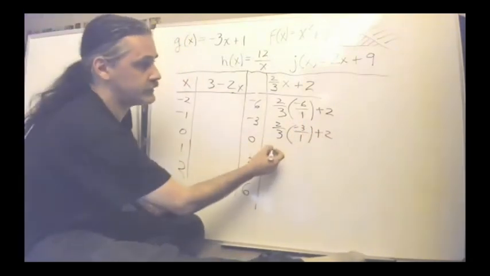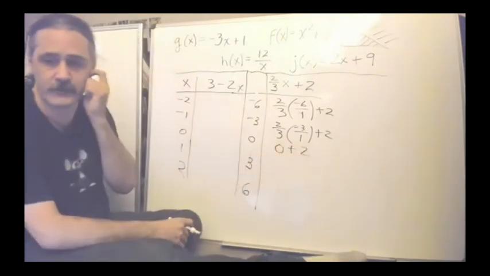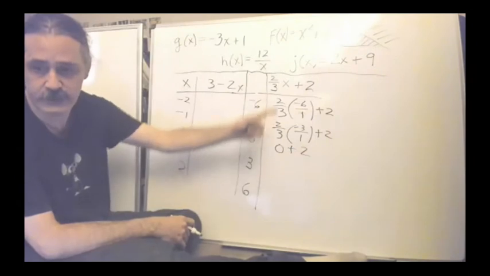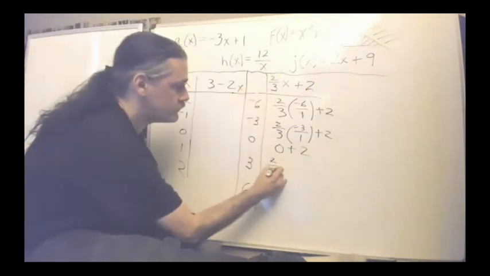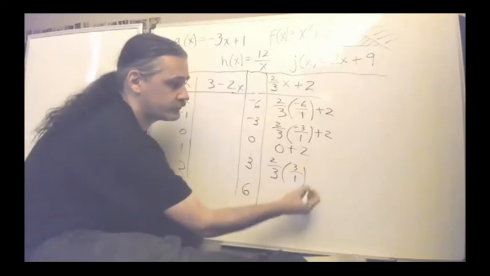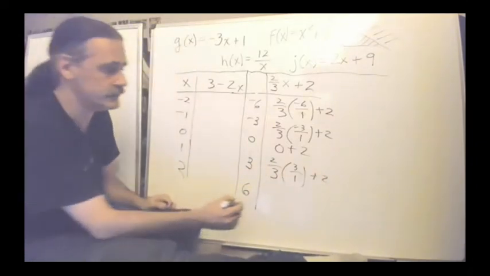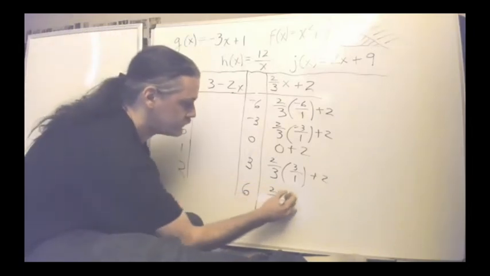Anything times 0 is 0, so this becomes 0 plus 2. And then down here, you do 2 over 3 times 3 and then plus 2. So 6 divided by 3 and then you plus 2.